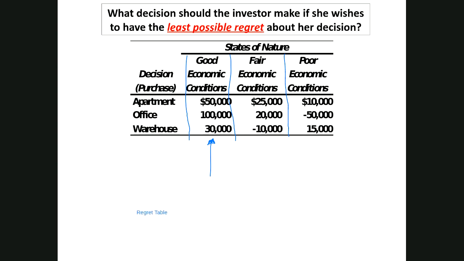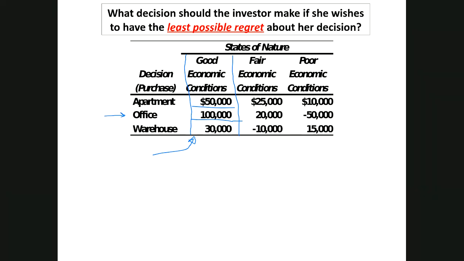But let's look at this first column, and let's just consider the case where the economy is good. Now, if the economy is good, what decision would you make if you knew the economy was going to be good? Well, obviously, we would choose the office.